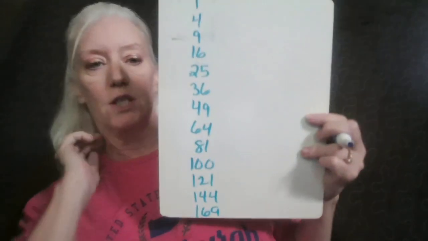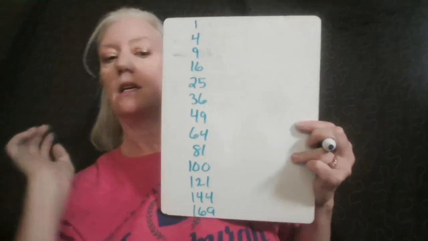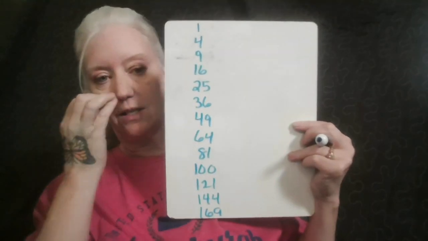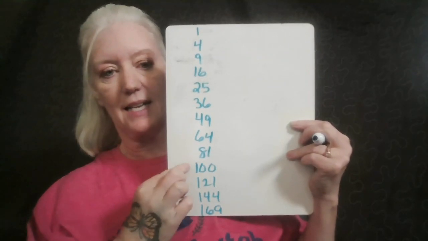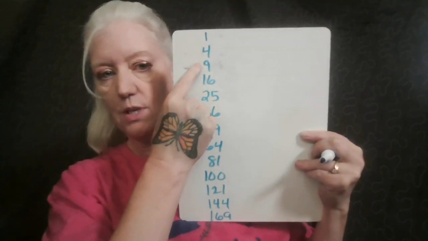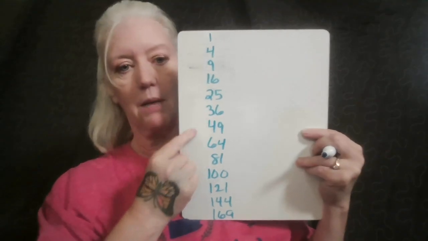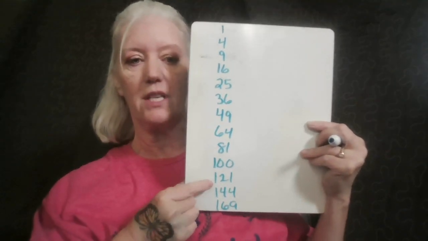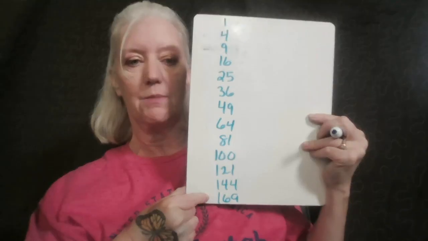These are the first 13 perfect squares. You can always figure them out, but it's so much easier if you have them memorized. I believe you all already know 1 through 10: 1 times 1, 2 times 2, 3 times 3, 4 times 4, 5 times 5, all the way down to 11 times 11, 12 times 12, 13 times 13.